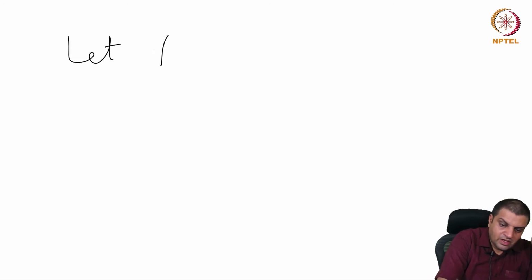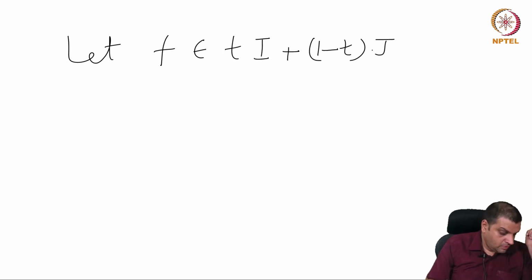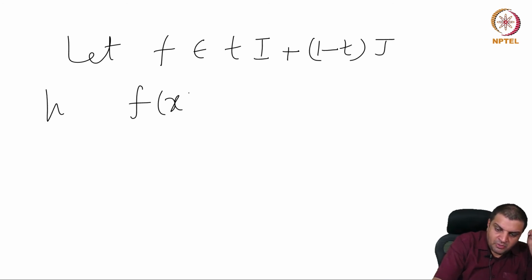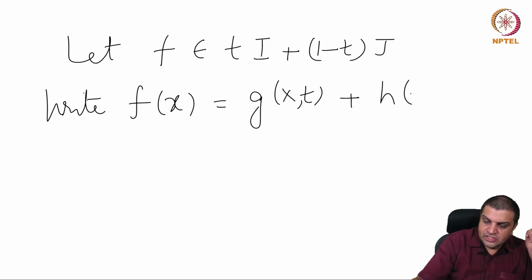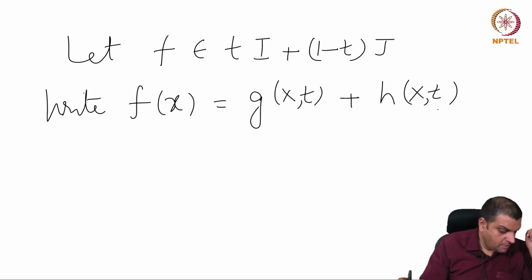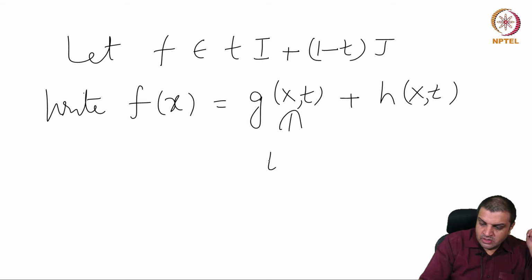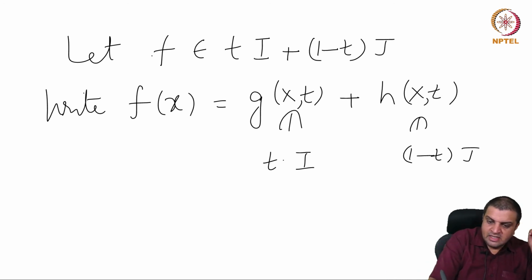So let F be inside TI plus (1 minus T) times J. Because it is inside here, we can write F, a polynomial of X and T, as some polynomial G of X comma T plus some polynomial H of X comma T, where G belongs to T times I and H belongs to (1 minus T) times J. We are just saying that F is in the sum of these two ideals, so take one part from here and one part from there.